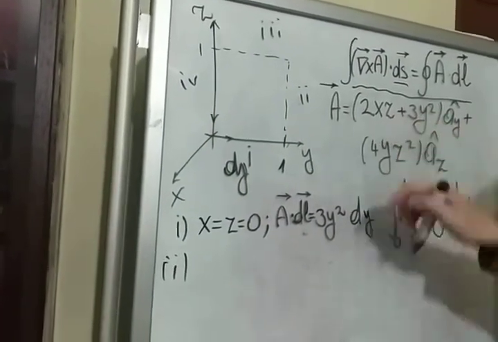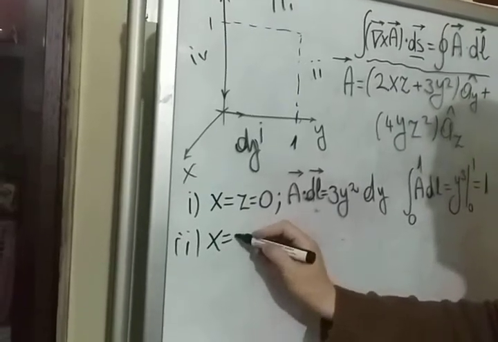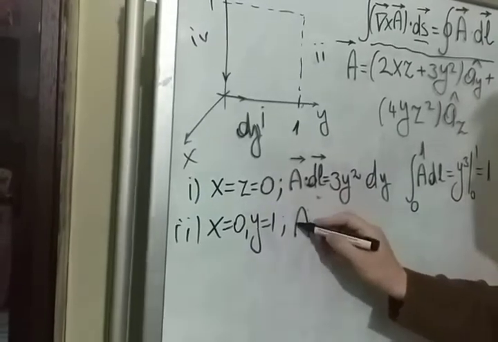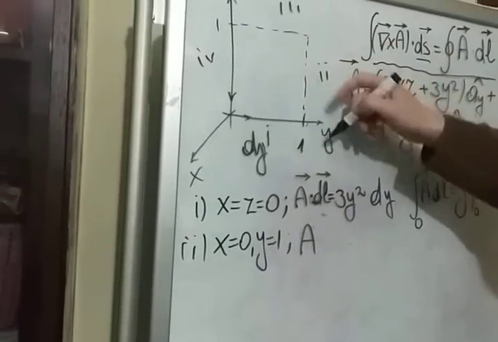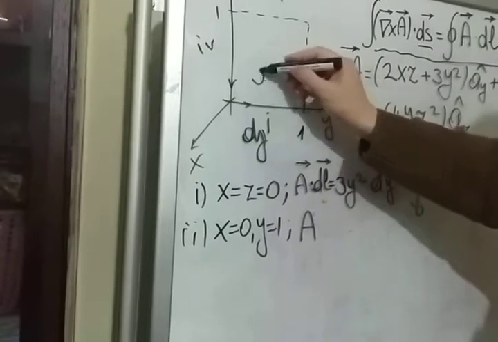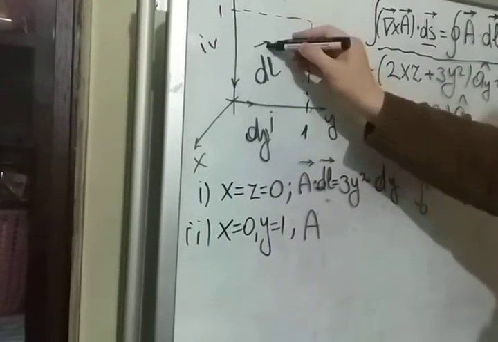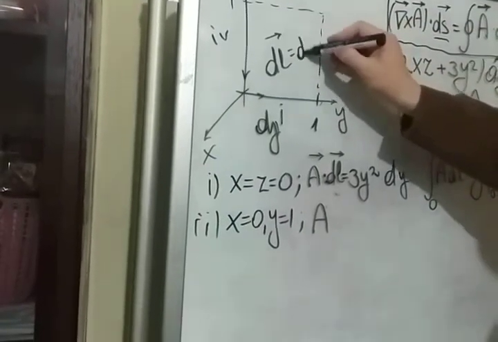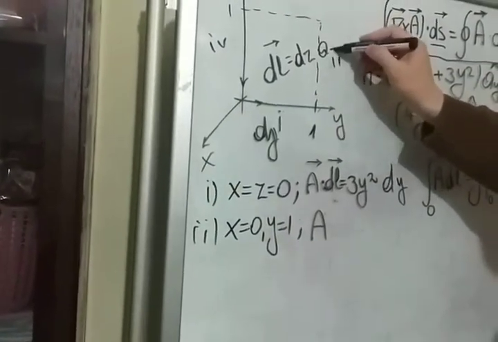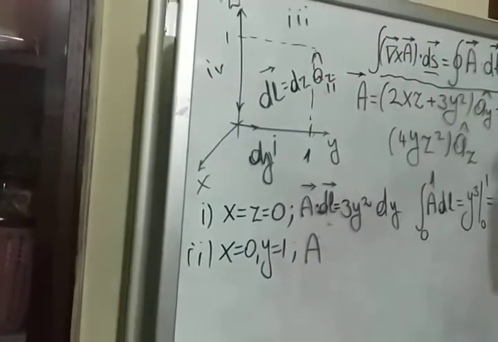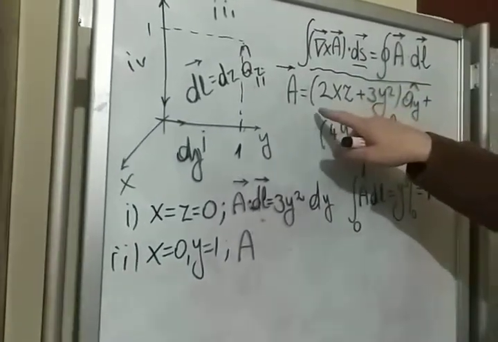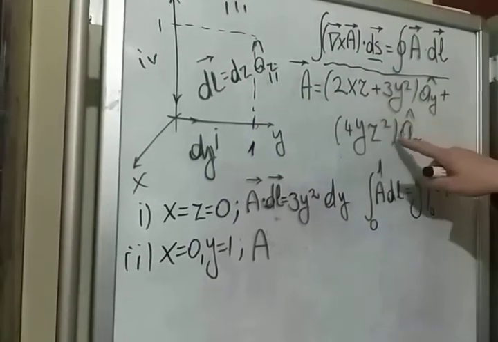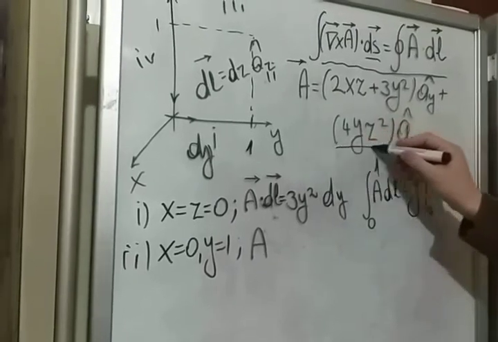Along this path, the line element over which we will integrate is equal to dz times az. This is the dl, which means that when we take the dot product of this dl with A, the only term that is going to survive is this one.